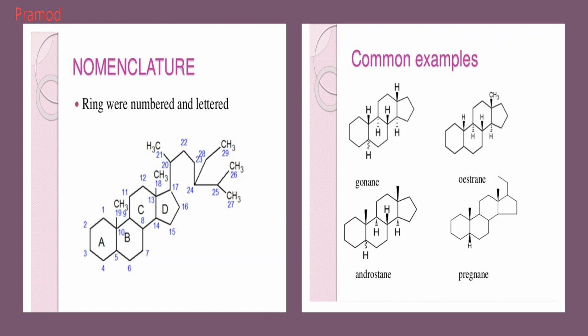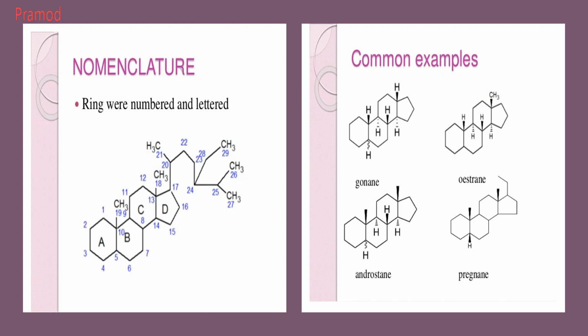That is extra in case of sitosterol. Cholesterol does not contain the ethyl group at the 24th. That's the difference between cholesterol and sitosterol. So this is your basic ABCD ring with the substitutions. These are the total number of carbons which are present.